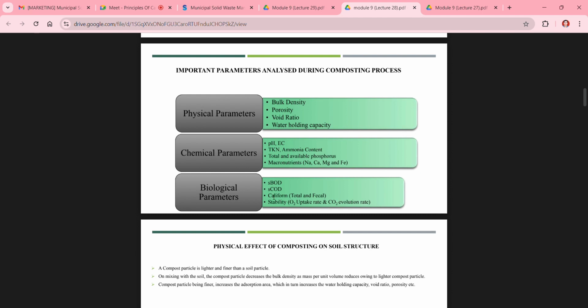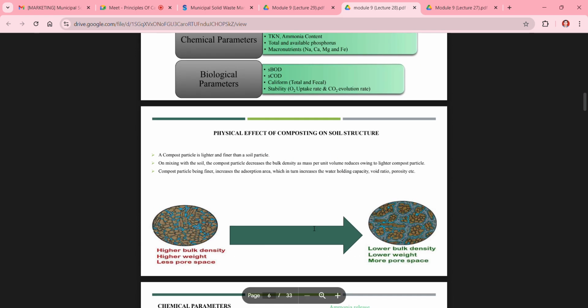Then there are some biological parameters which need to be checked after the composting process, like BOD, COD, carbon and oxygen content, then coliform, total and fecal, and stability, that is defined as O2 uptake rate and CO2 evolution rate.